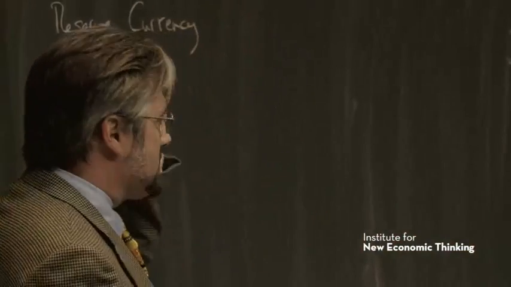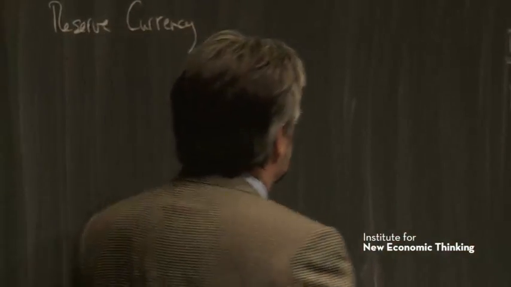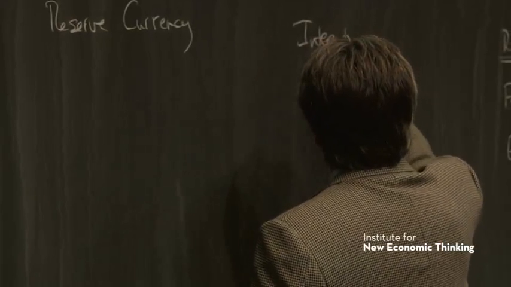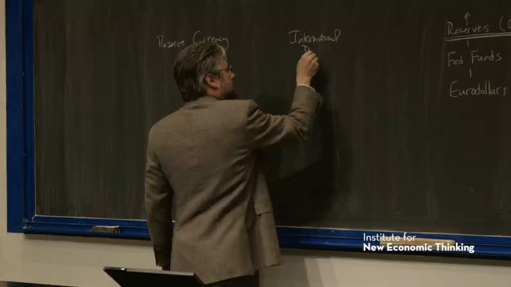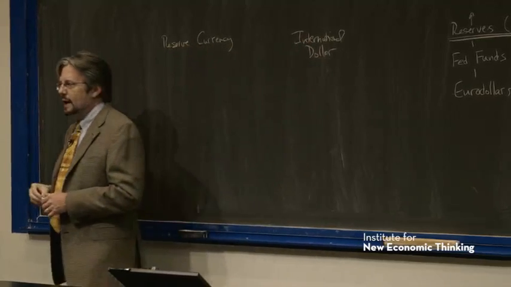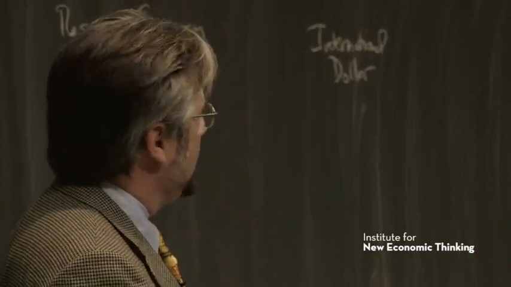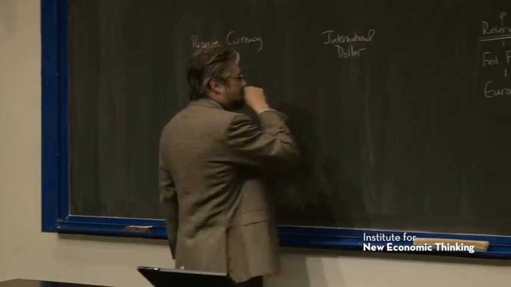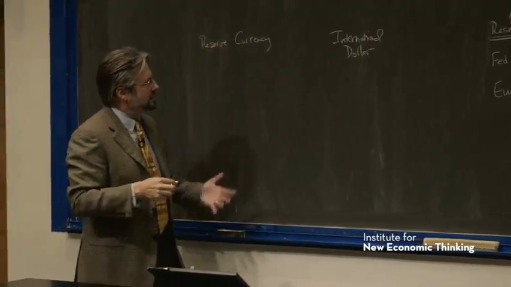There's a reserve currency, which is the international dollar. Okay. Which is the world reserve currency. Most trade is denominated and settled in the international dollar. And then there are various significant currencies.